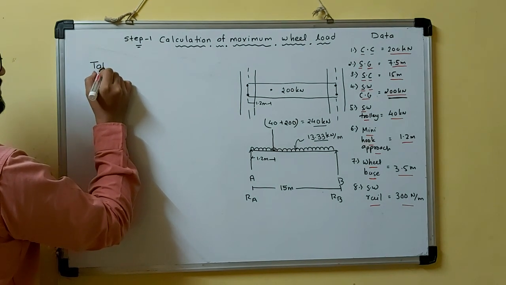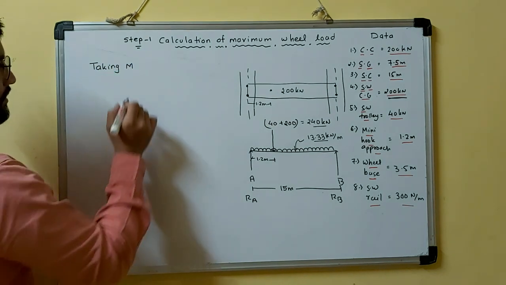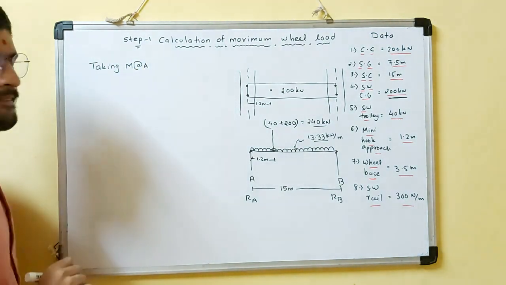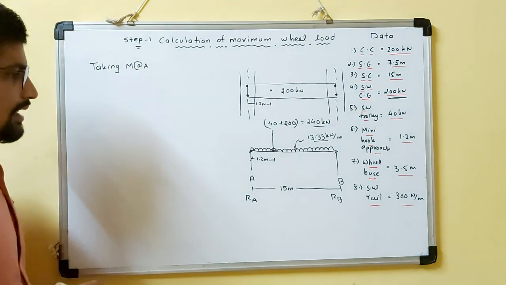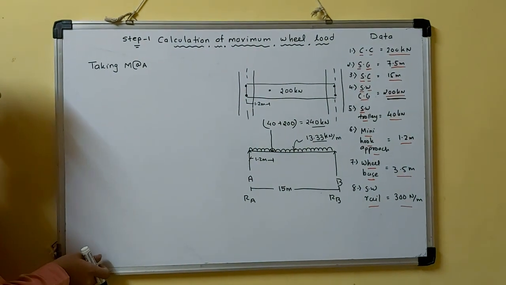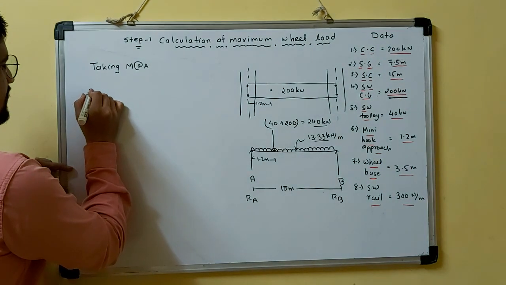For calculating the support reaction, we take moment at any point. So I am taking moment at A. The reaction will be like this, and the opposite side will be started first.